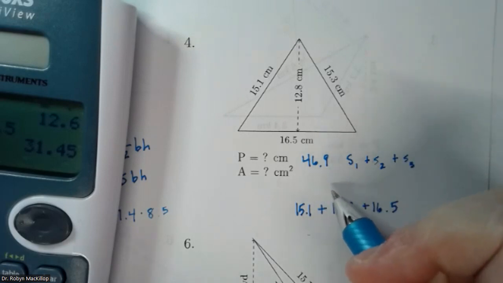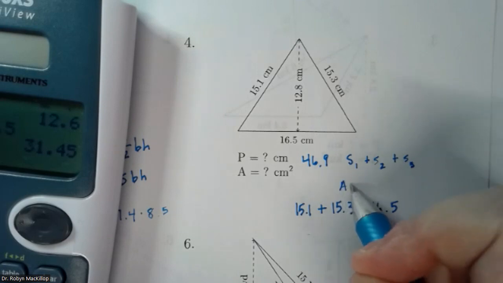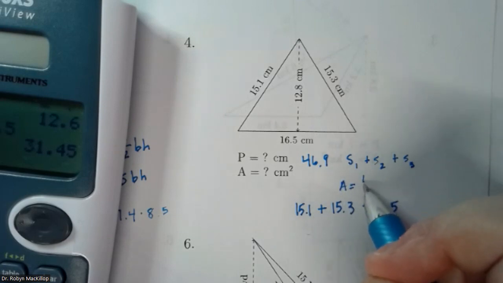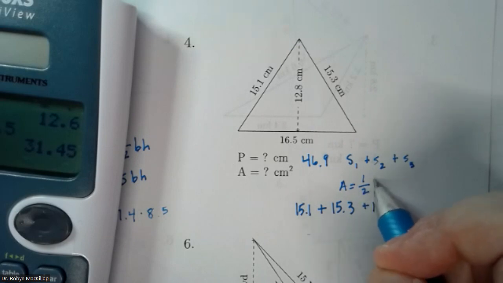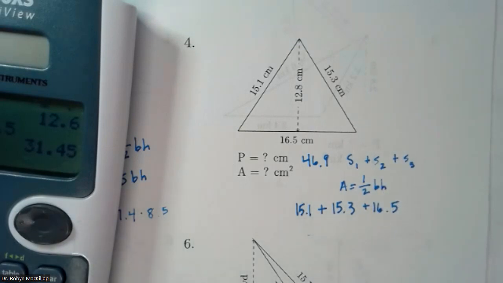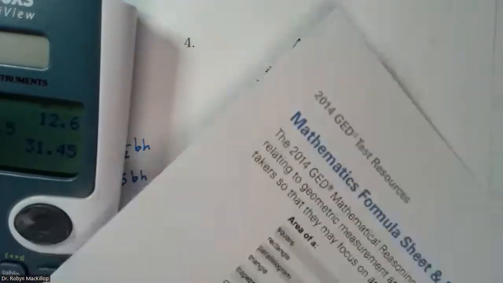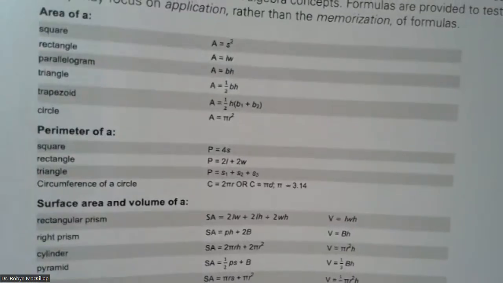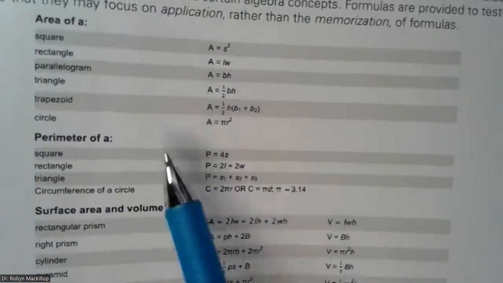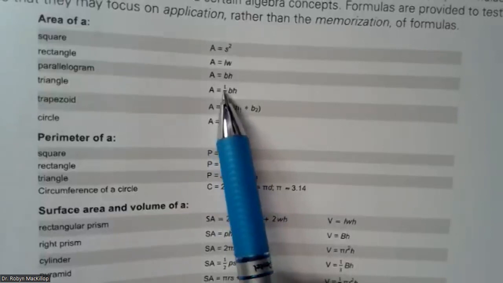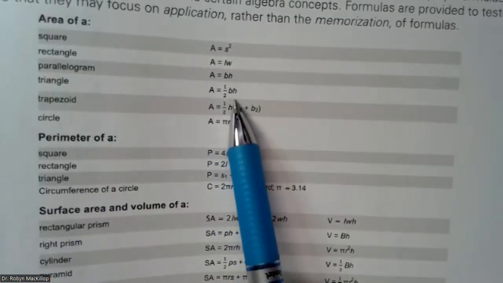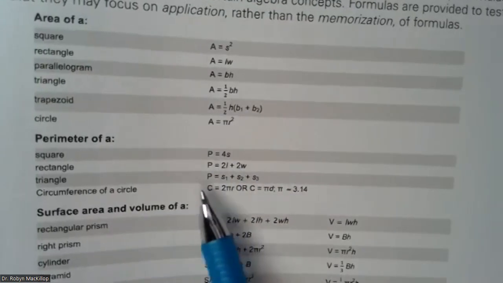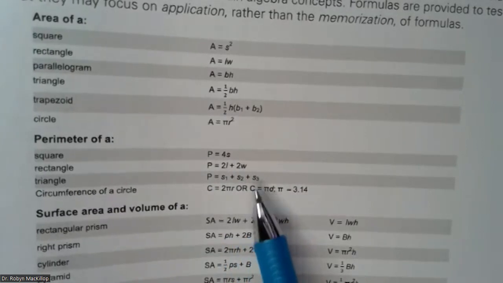Whereas area is 1/2 base times height. And you do not need to memorize these formulas. You will have this sheet available to you during the test. And here is the area. There's your triangle right there, 1/2 times base times height. Your perimeter, side plus side plus side.